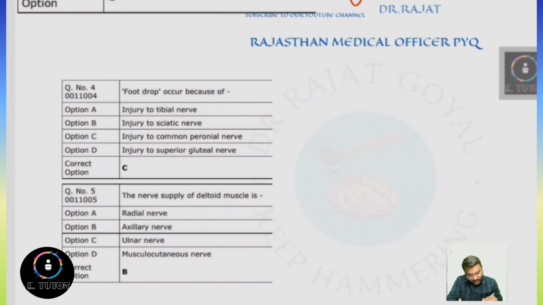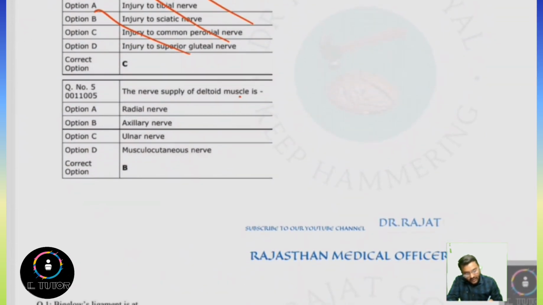So this is a repeated question. Nerve supply to deltoid is, so this is a direct question.